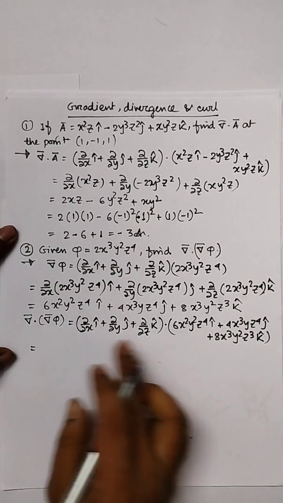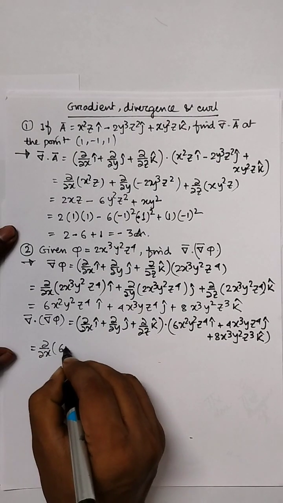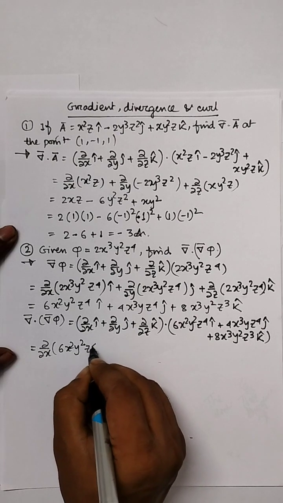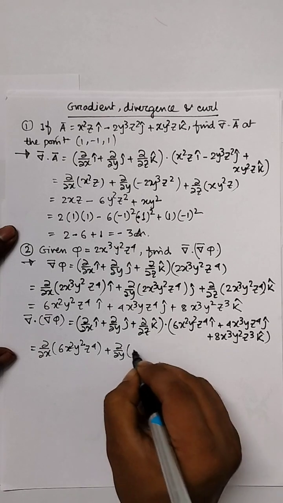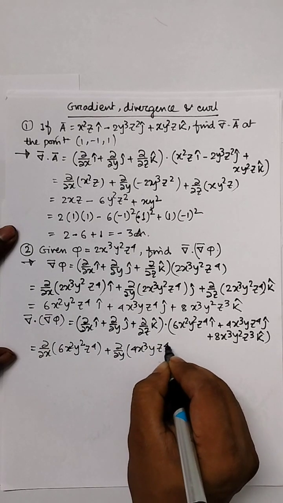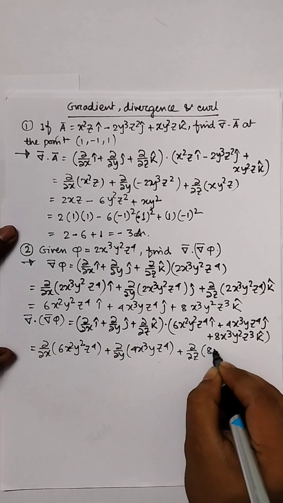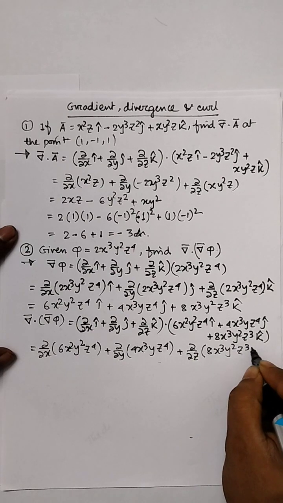Again, the dot product of these two vectors, that means del/del x of 6x squared y squared z to the power 4 plus del/del y of 4x cubed y z to the power 4 plus del/del z of 8x cubed y squared z cubed.